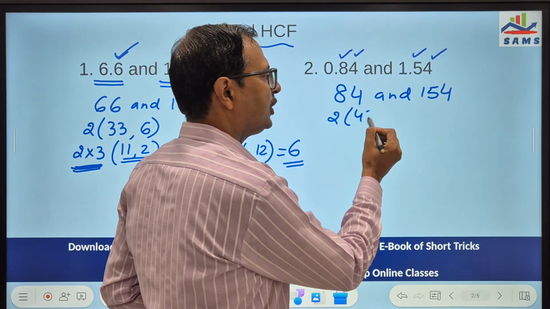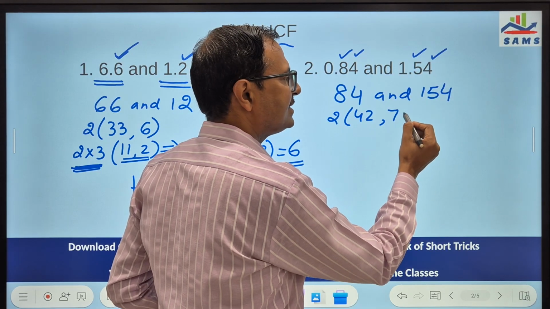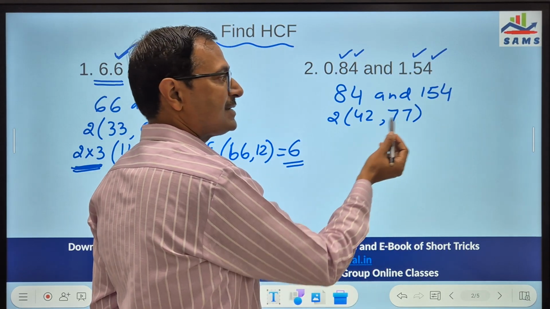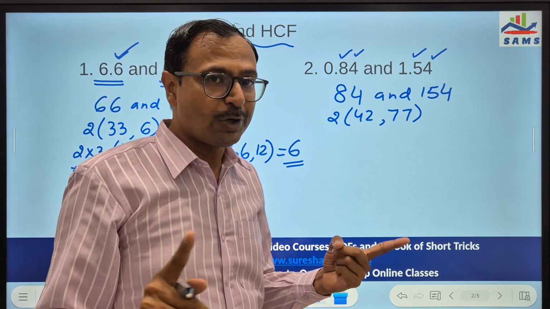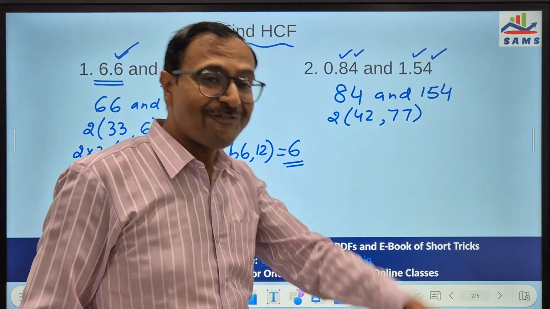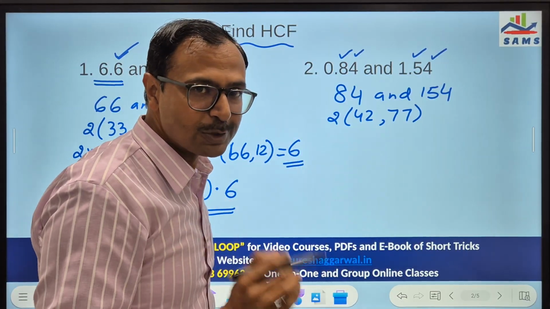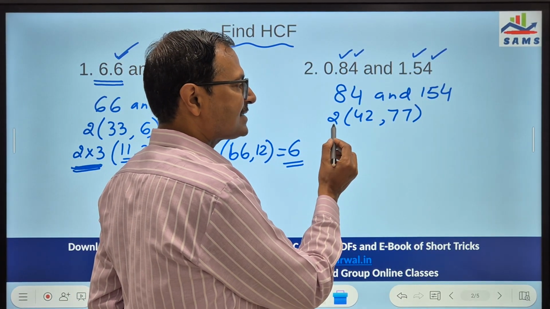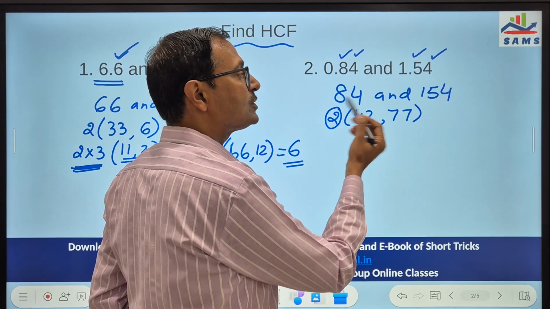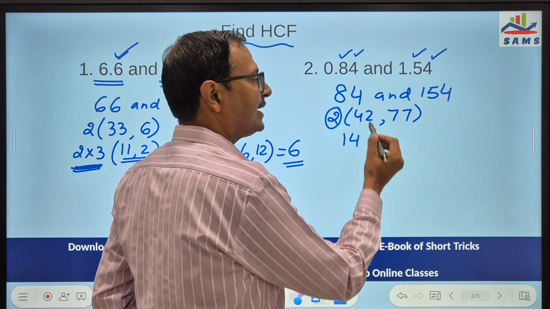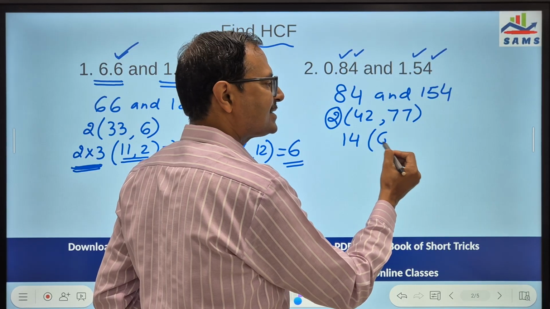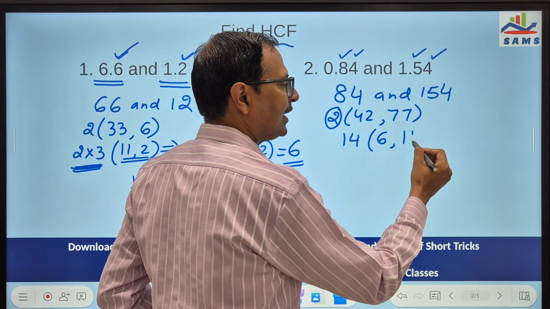So this is 42 and this is 77. Now 77 is an odd number, so 2 is ruled out now, and 77 is obviously divisible by 7 only, and 7 divides 42 also. Now if I extract the 7, the 2 becomes 2 7s are 14, and if you divide 42 by 7 you get 6, 77 by 7 you get 11.